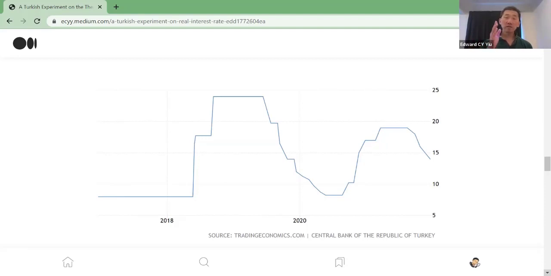So that is the real interest rate effect here. Because the inflation rate keeps on increasing, if you cut interest rates, it results in a seriously negative real interest rate. So it discourages people from saving, and it encourages people to borrow, to spend, and to buy properties.